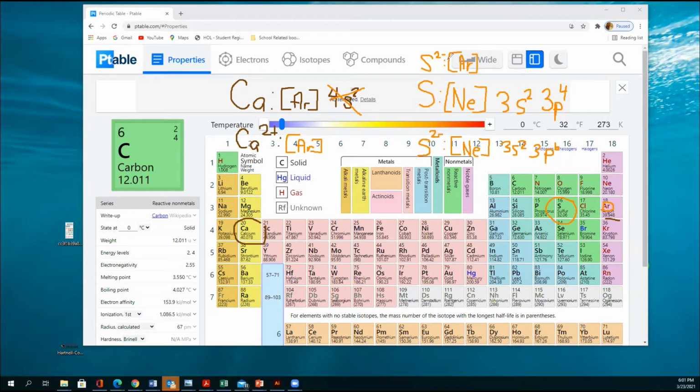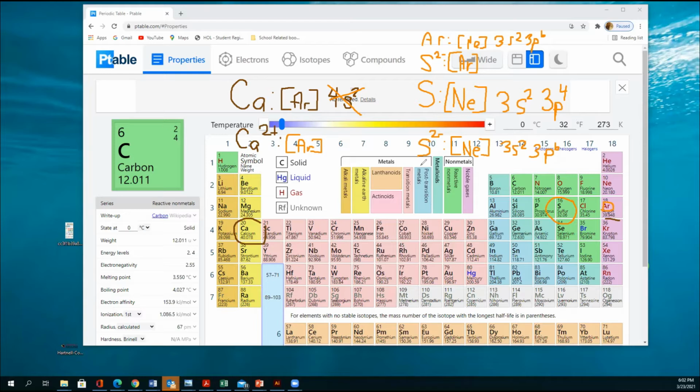If we wrote argon out using the noble gas before argon, it would be neon 3s2 3p6, which is the same thing. So it's isoelectronic, meaning the same number of electrons.